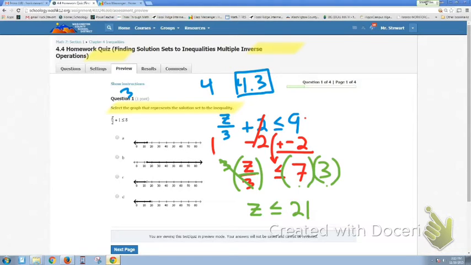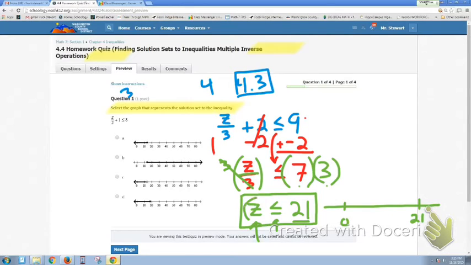So in my case, the variable z is a solution, or a set of solutions, that is less than or equal to positive 21. If I were to graph this, maybe here's my 0, so positive 21 is going to be all the way up here. I want to include 21 as part of my solution set, because it is less than or equal to 21.